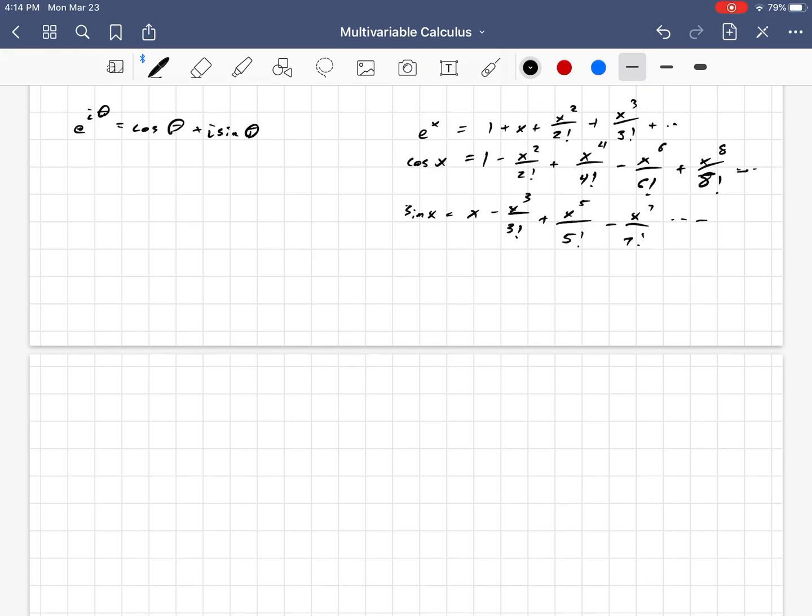What you can do is plug in ix for x in the Taylor series, and you'll get the two Taylor series for those. That's the traditional way to go about it, but that takes until towards the end of Calc 2 to actually prove.